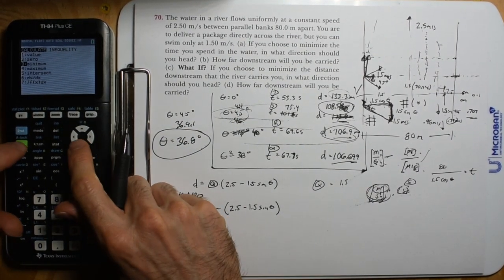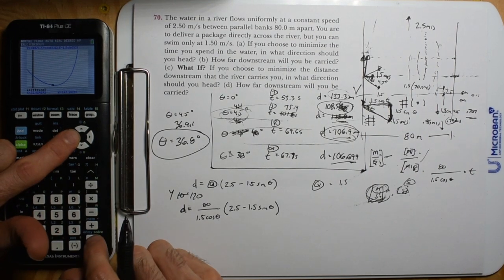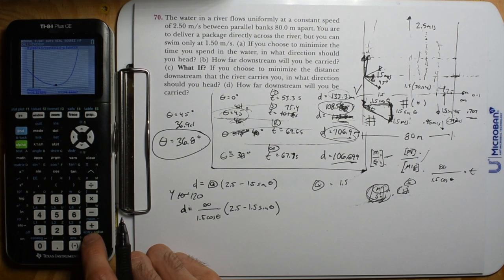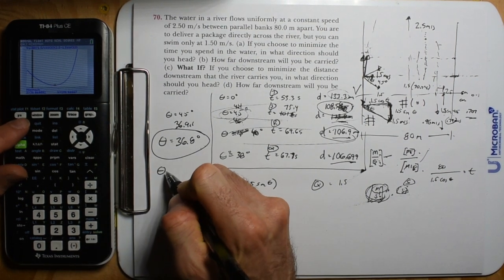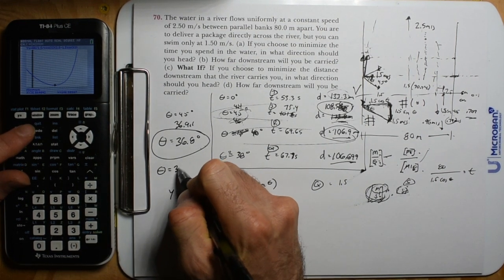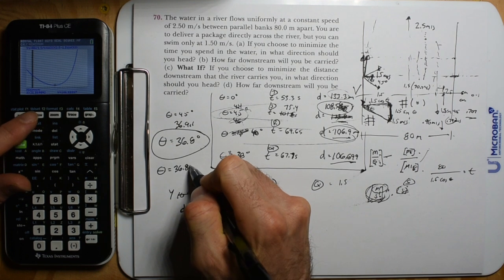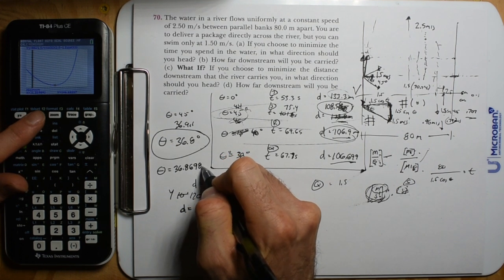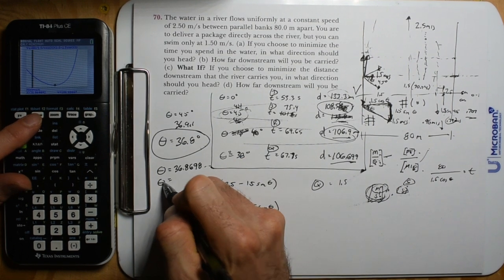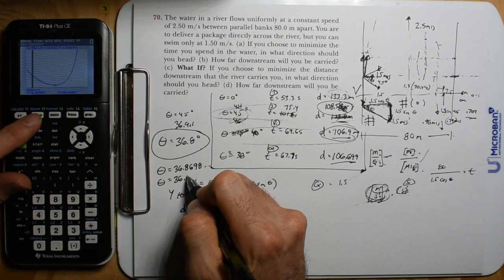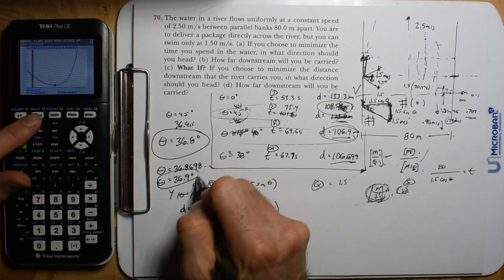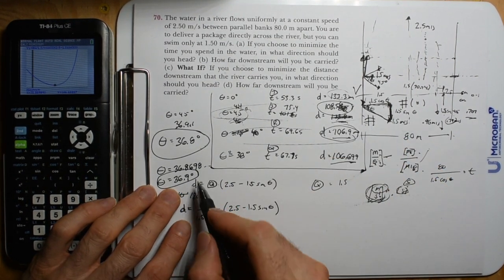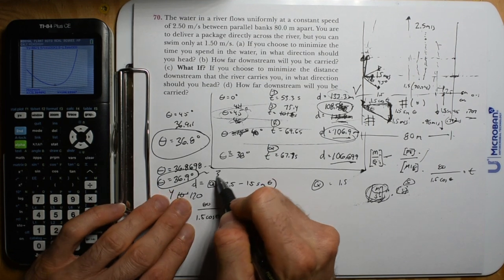But on a graphing calculator, you do have a minimum function. You can do left bound, right bound, and then find the minimum. This says the angle that you want to swim at is 36.8698, whatever. If we rounded it, we'd get 36.9 degrees. So 36.9 is the angle, which is approximately 35 degrees.